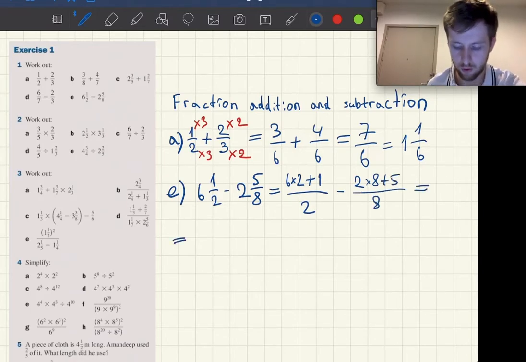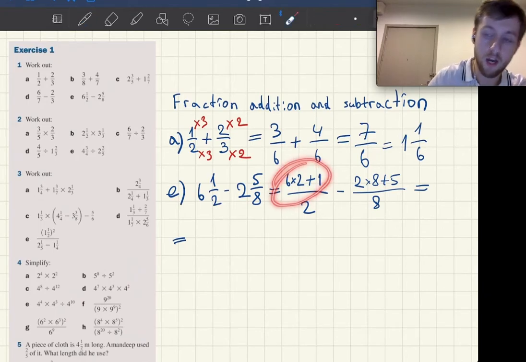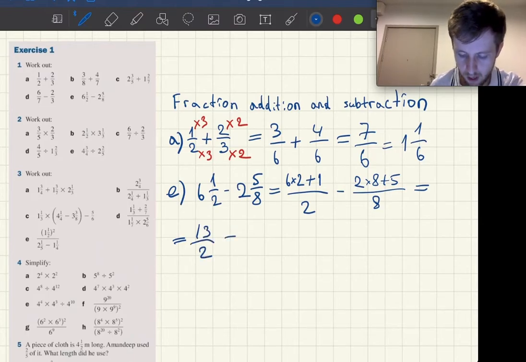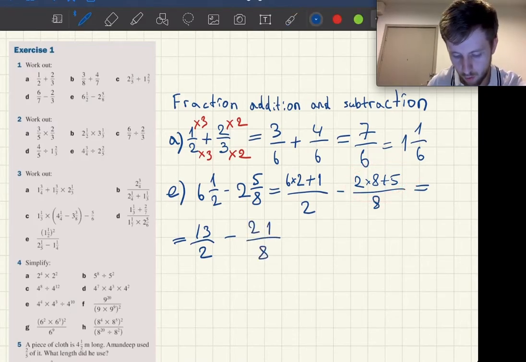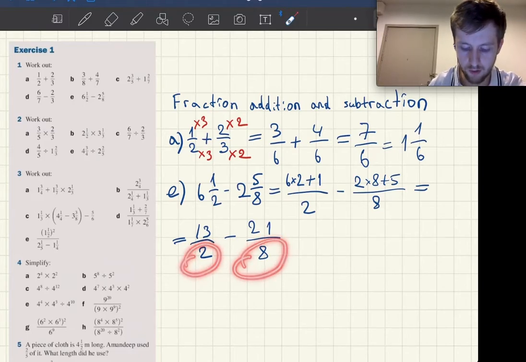And the result is going to be 6 times 2 plus 1 equals 13, so 13 over 2 minus, we have 16 plus 5 is 21, so minus 21 over 8. So again, we have to find the common denominator, and for this, we have to find the LCM.